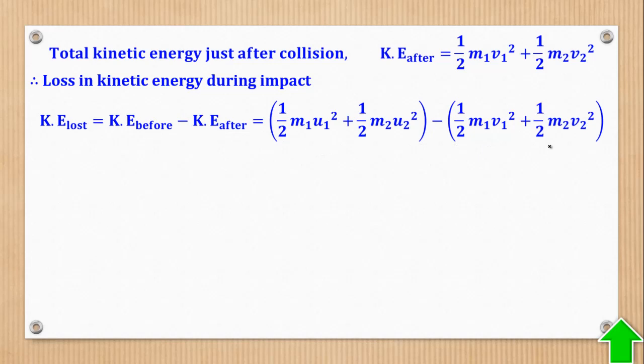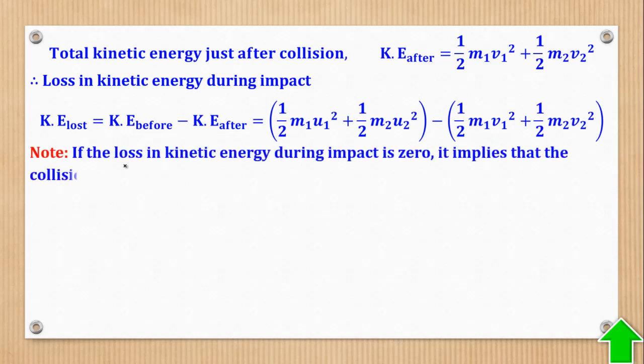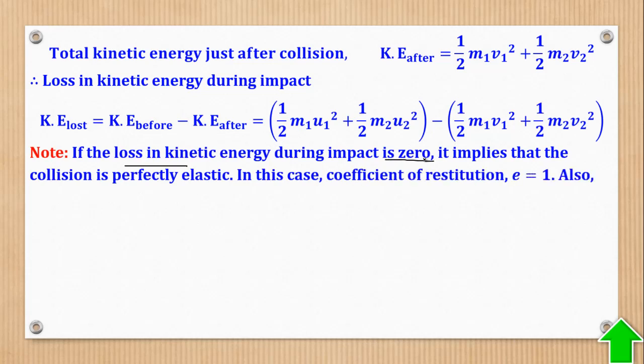I think you remember we talked about something called perfectly elastic. So if the loss in kinetic energy during impact is 0, that means there's no loss in kinetic energy, it implies that the collision is perfectly elastic.